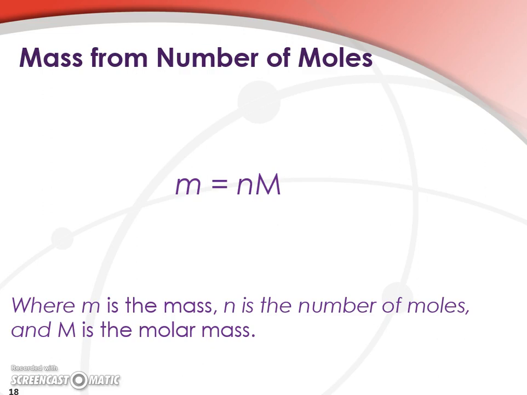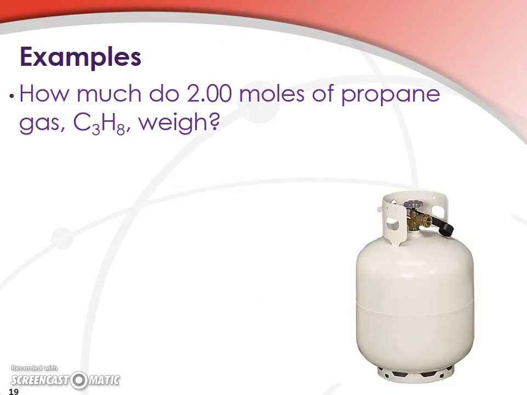And our mass from the number of moles, really not terribly difficult. We can find the mass of a given number of moles. Mass equals the number of moles times the molar mass. So, for example, we can find the mass of 2 moles of propane, C3H8.